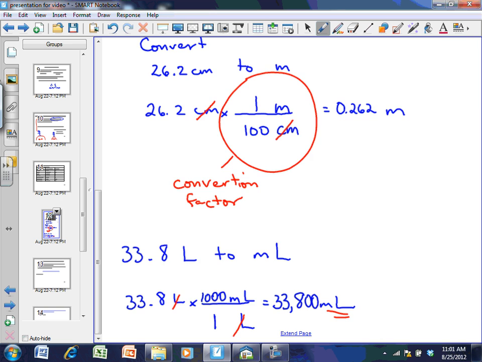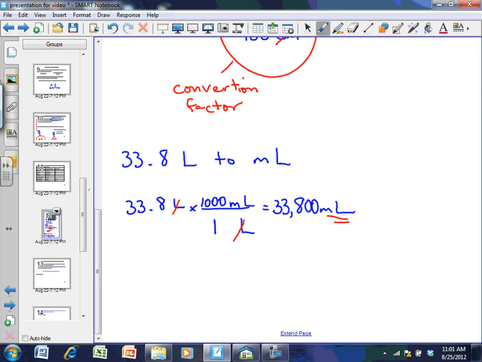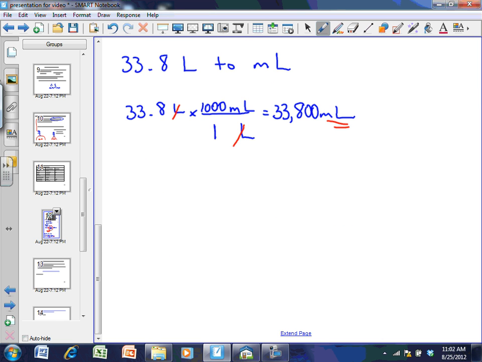All right, so let's do one where you can't just use the easy, simple 1,000 factor. Let's do one like this. Convert 99.4 kilopascals to millimeters of mercury.